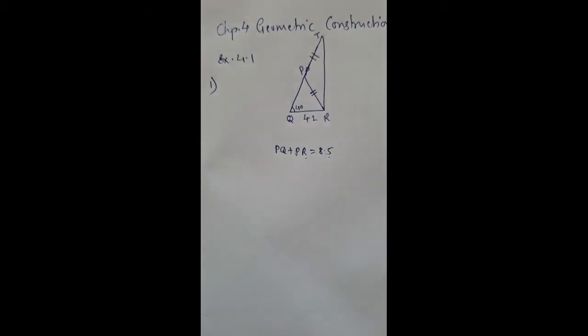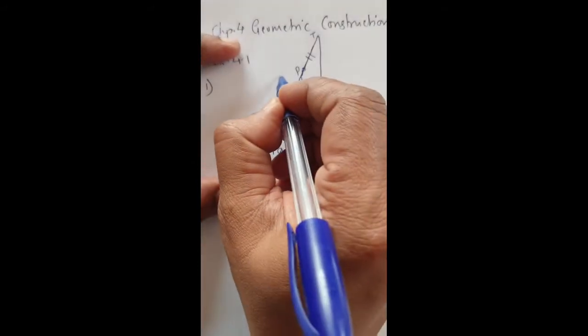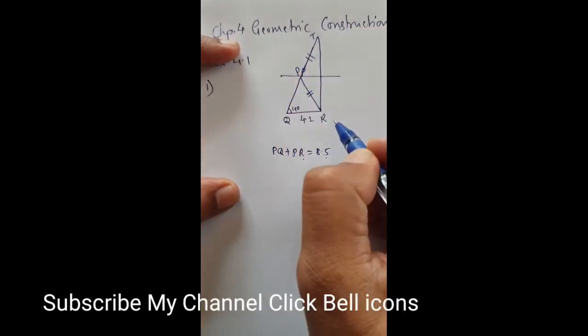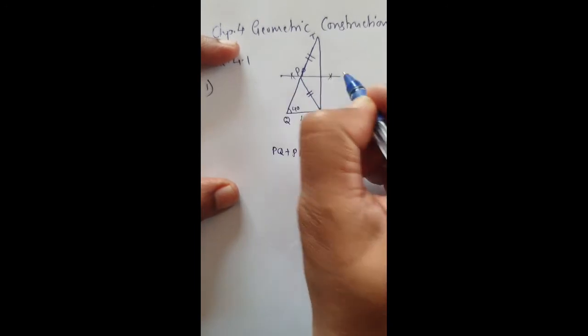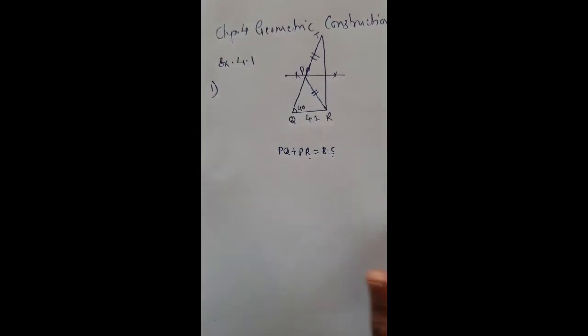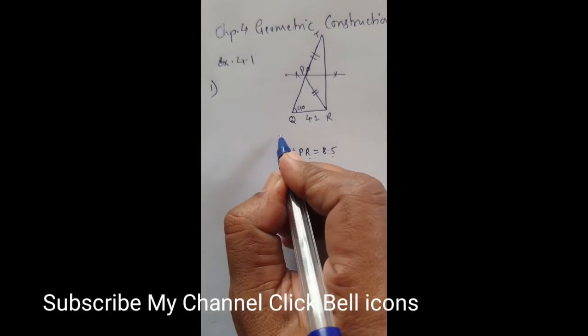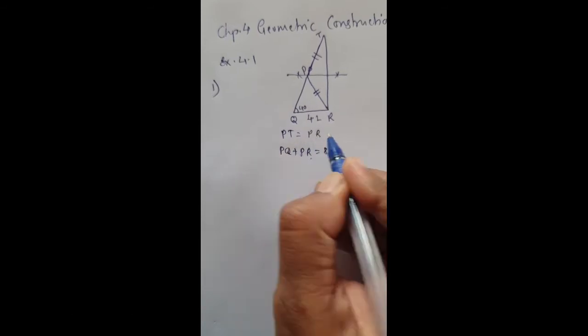Every point on a perpendicular bisector is equidistant from the endpoints. So if you draw the perpendicular bisector of TR, you will get the point P there. So one thing, as what we have done, we have taken PT equals to PR.